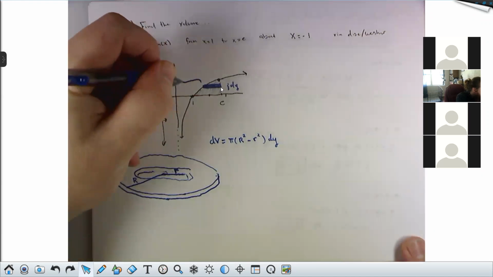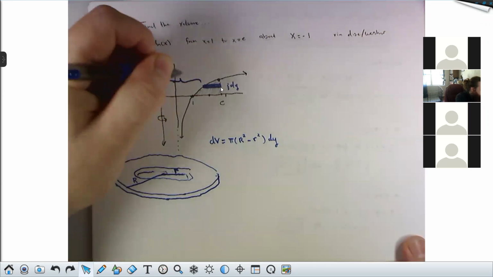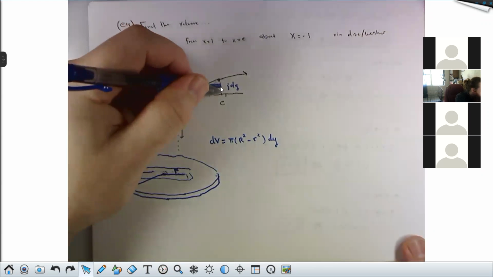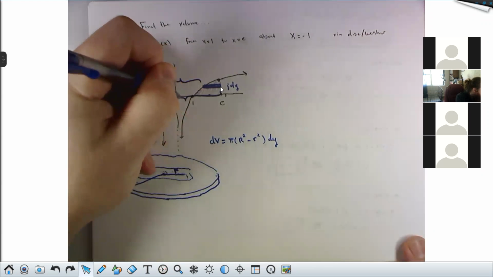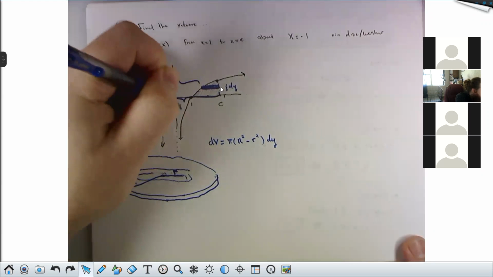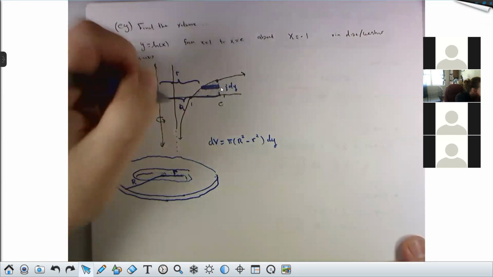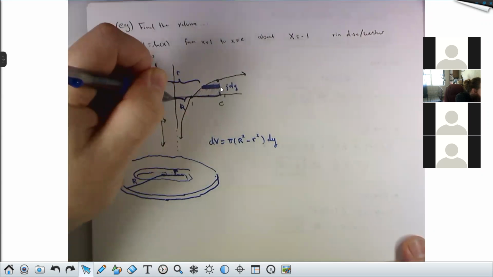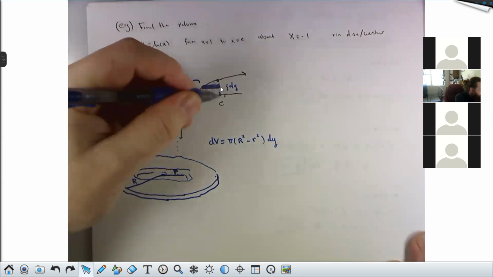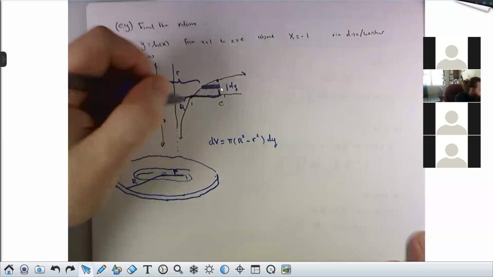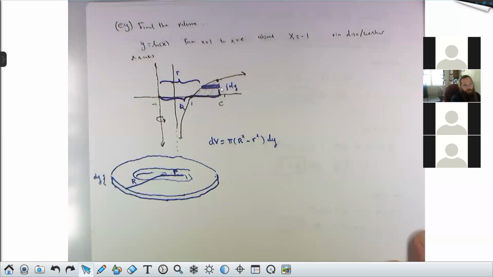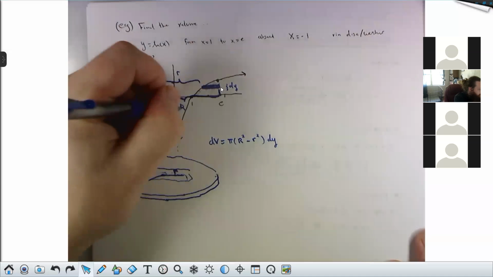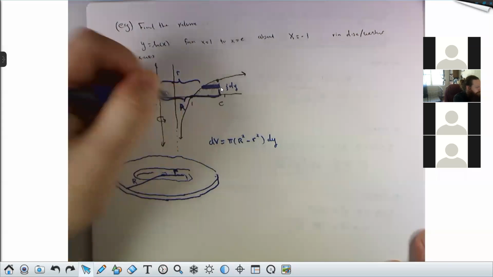On the graph, I can label some distances, big R and little r. Big R is always the distance from the far end of the strip to the axis of rotation, and little r is always the distance from the near end of the strip to the axis of rotation.